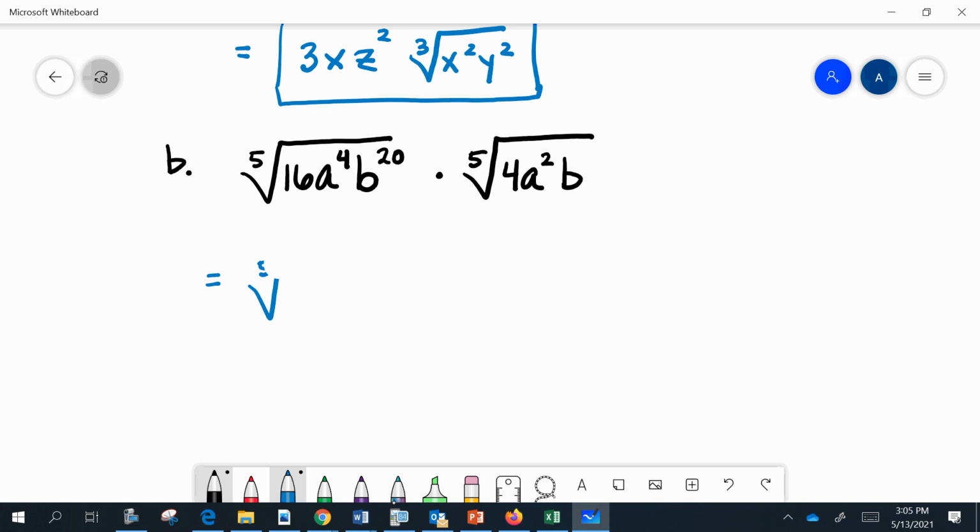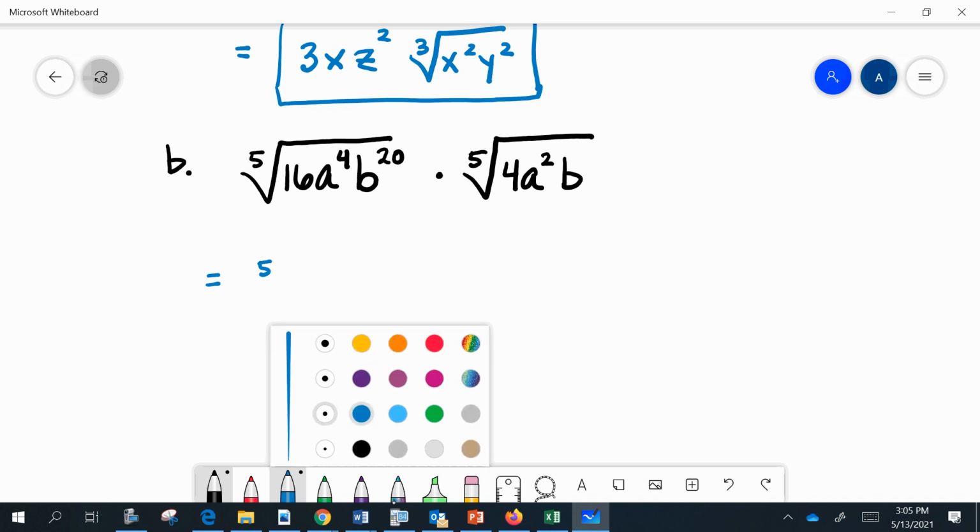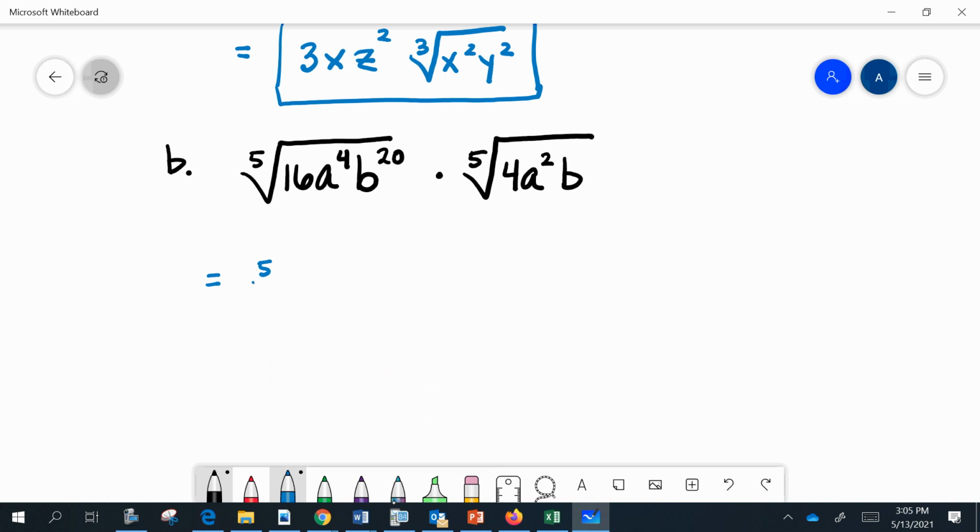So let's go ahead and multiply our terms, and let's make this the 5th root. All right, 16 times 4, type in my calculator real quick, is going to be 64.